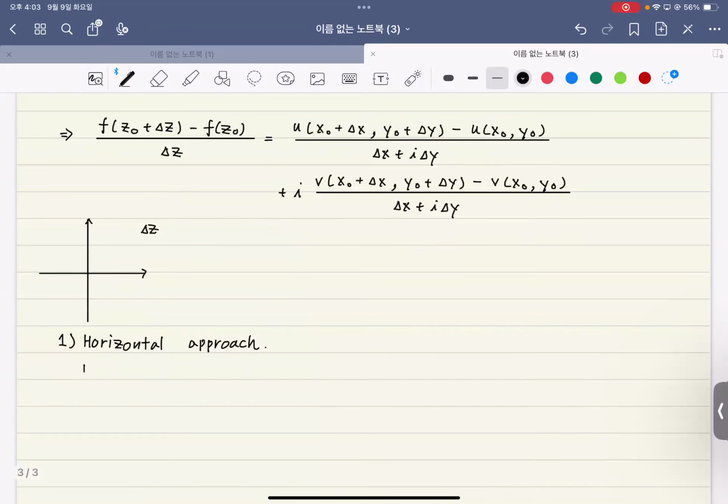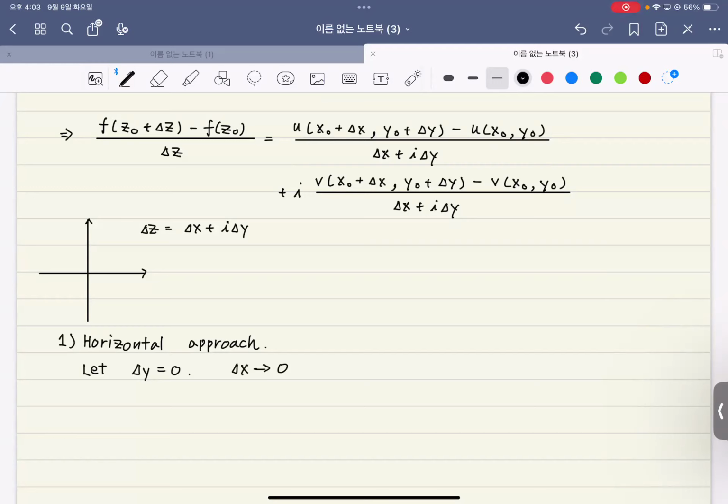Then delta of z is delta of x plus I times delta of y. And since I am taking the horizontal approach, delta of y must be 0, and delta of x is tending to 0.